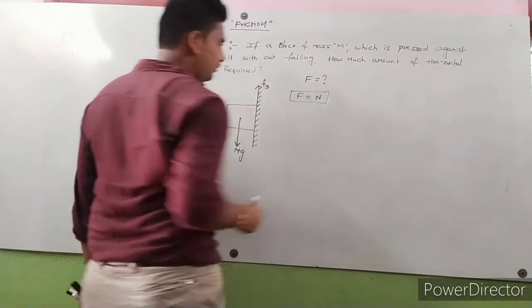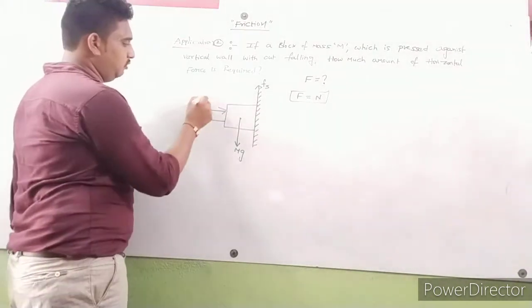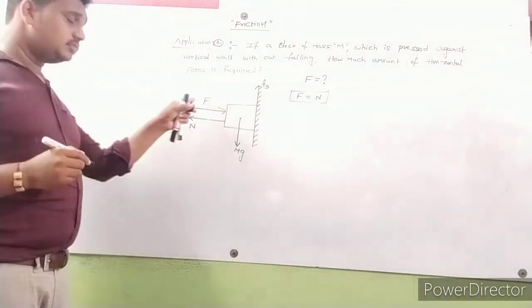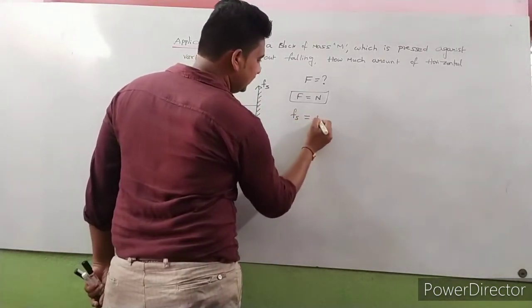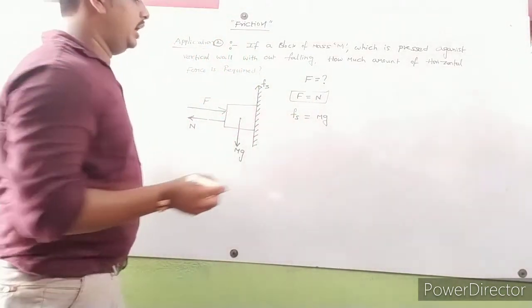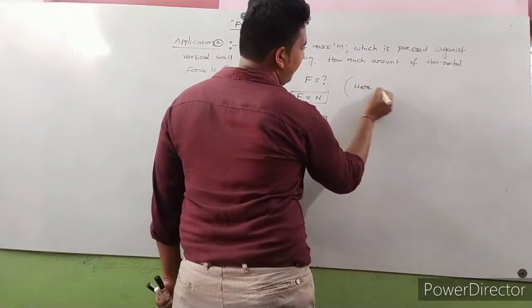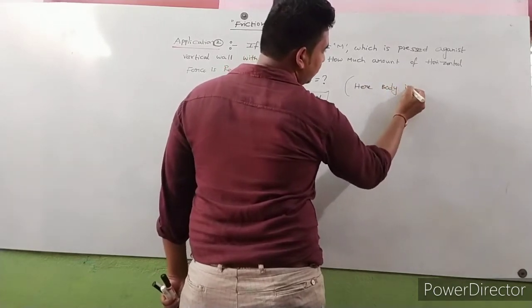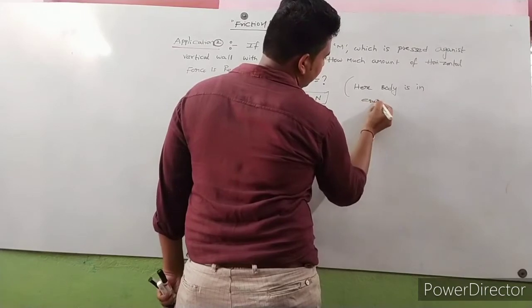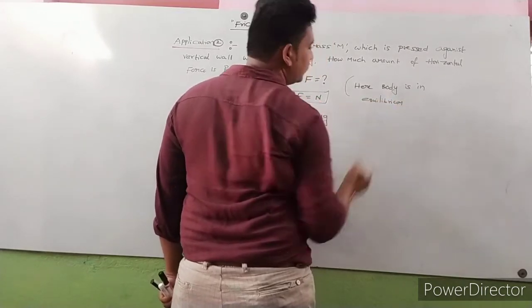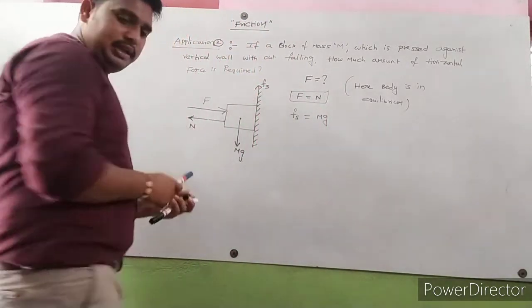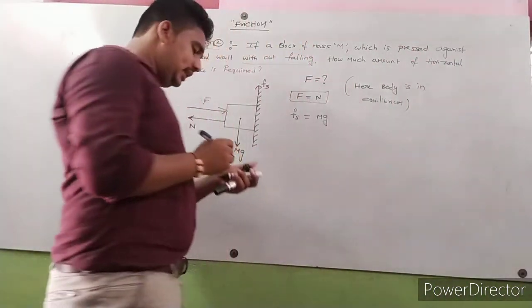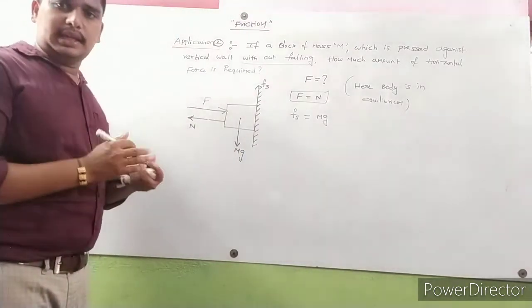From this diagram, the horizontal force F is equal to N. And from the vertical forces, Fs is equal to mg. Because it is given that the block is without falling, the body is in equilibrium.